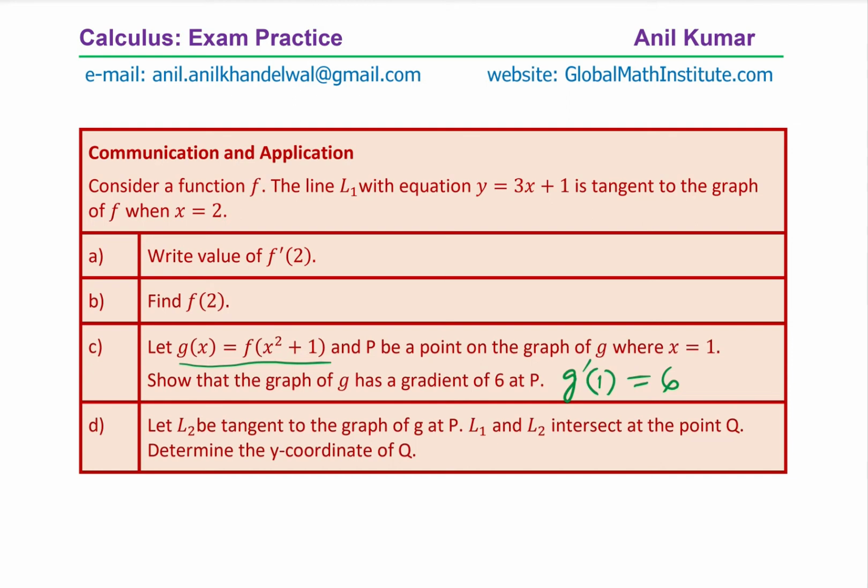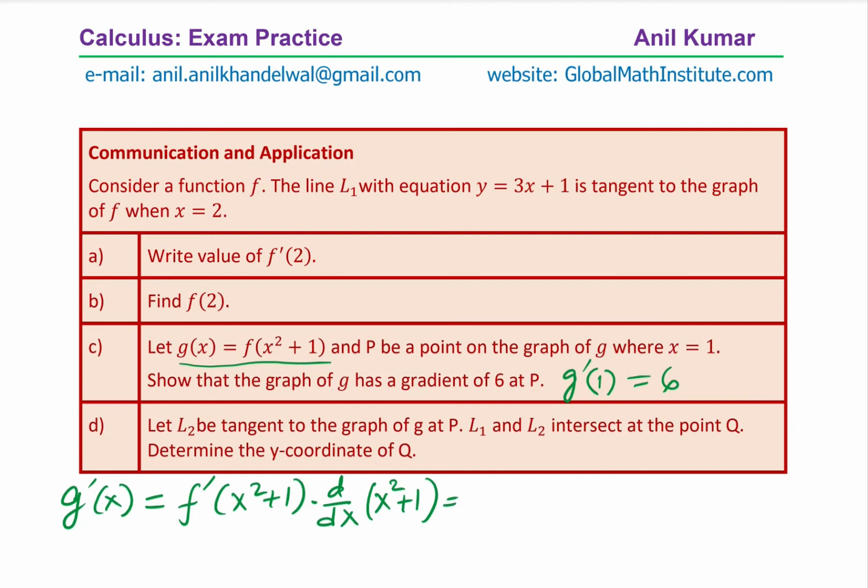Now to do this, we have the function itself. So what is g prime x equal to? It is the gradient of the outside function times the gradient of the inside function, times d dx of x squared plus 1.